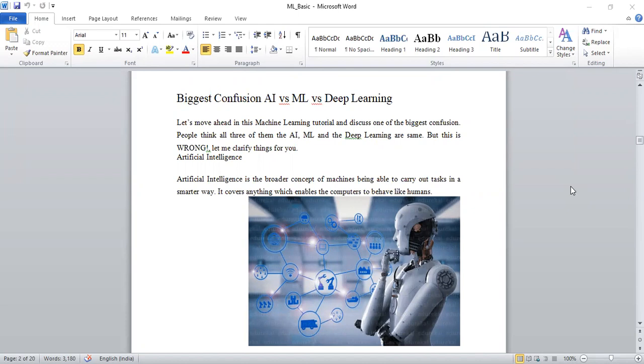Actually, AI, ML, and deep learning follow the superset and subset concept. One is a subset of the other, the superset. So just go through.